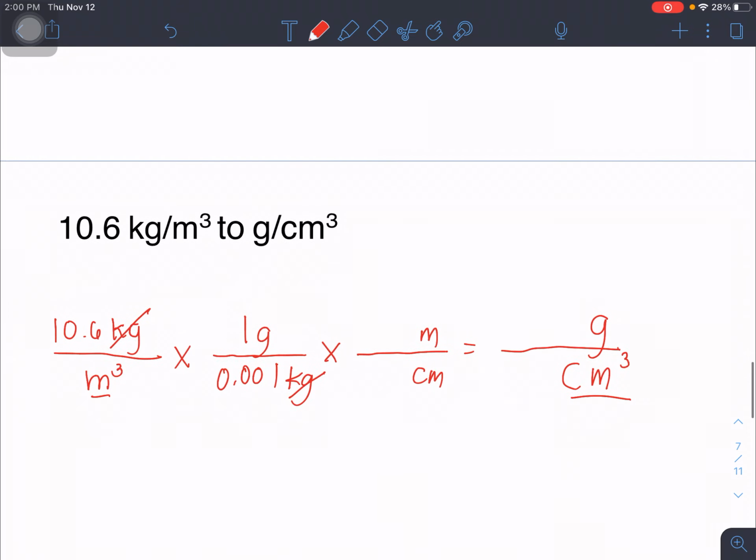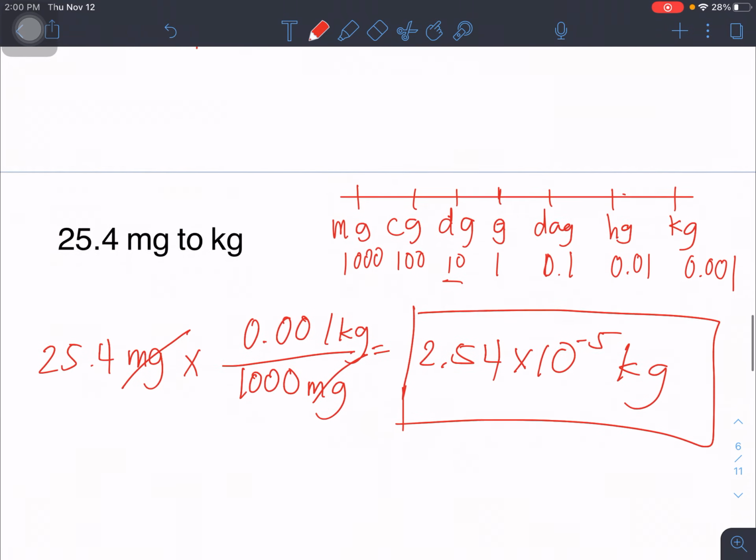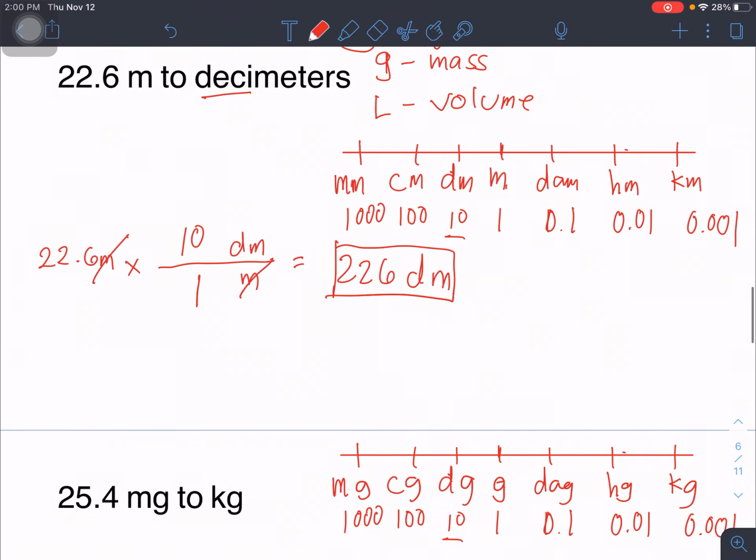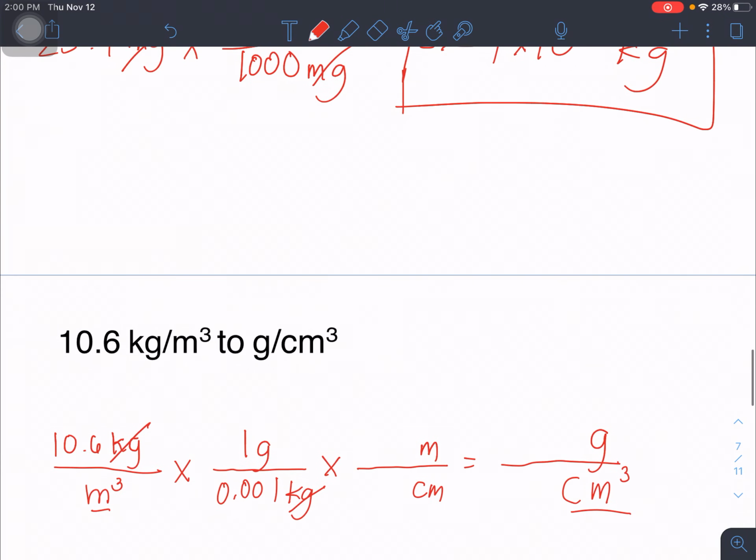Okay, so in 1 meter, there is 100 centimeter. However, you should notice that this is cubic, so we should raise this conversion factor to 3 also.